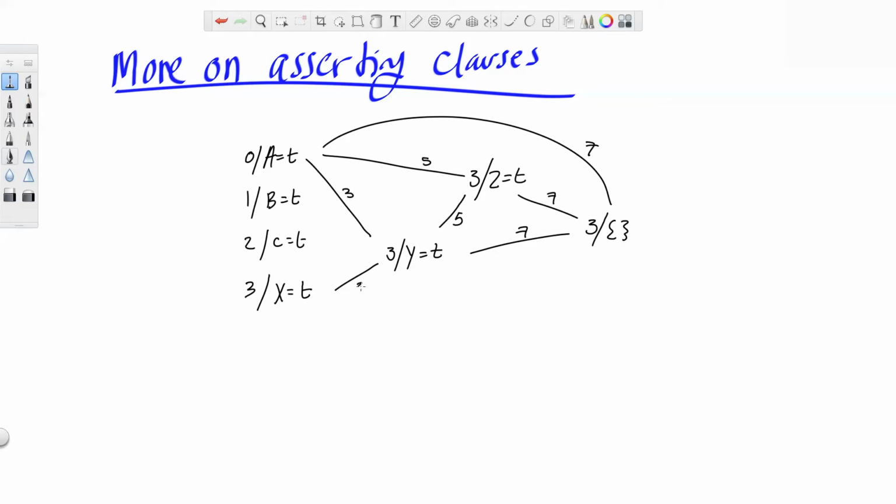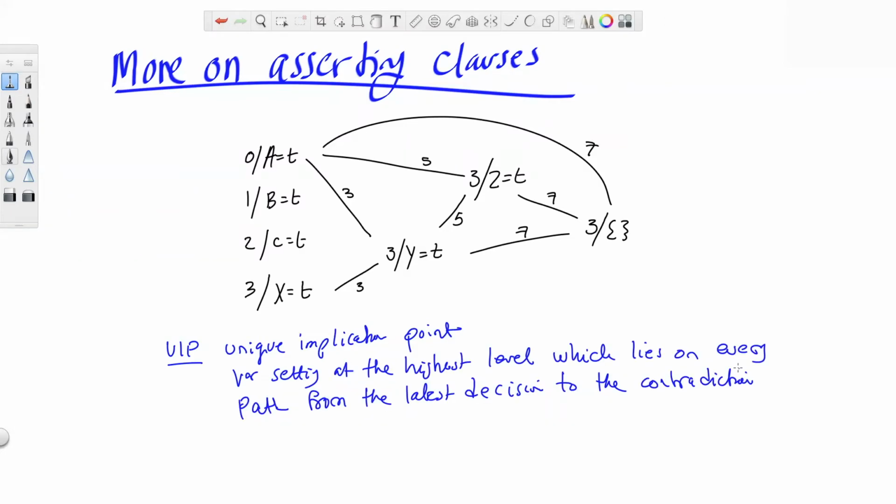And I have 3 and 3. Okay, so what we're going to define is this notion of a UIP, which is what people call a unique implication point, right? And the unique implication point is a variable setting at the highest decision level, which lies on every path from the latest decision to the contradiction.